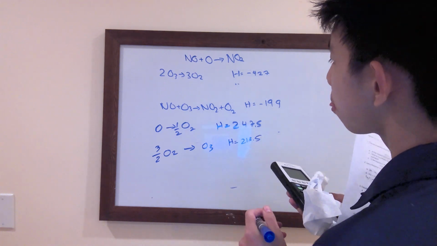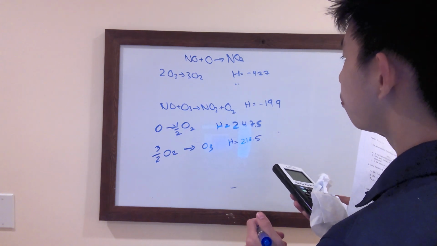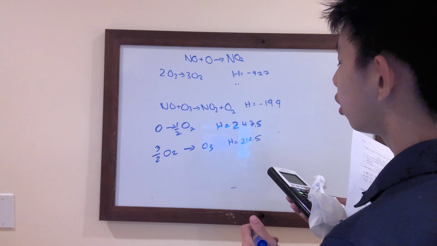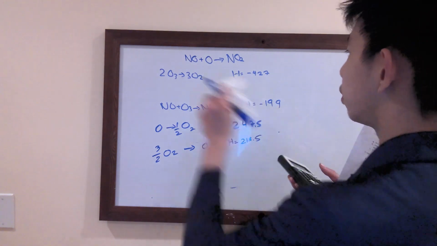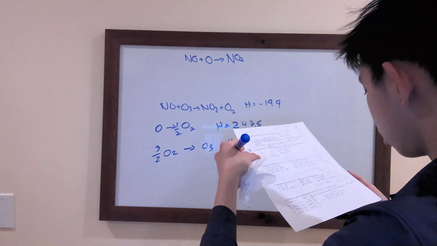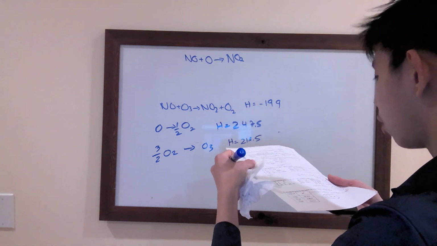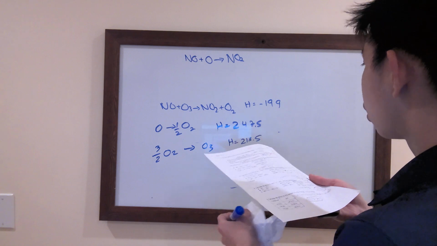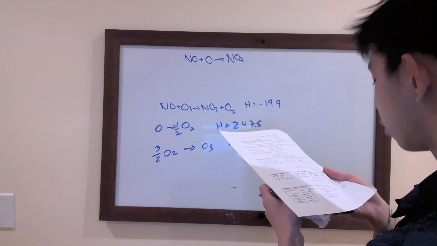Okay, I think you can start canceling things out. Let me erase this one. Let me check my work. Yeah, 3/2 O3, 213, 247.